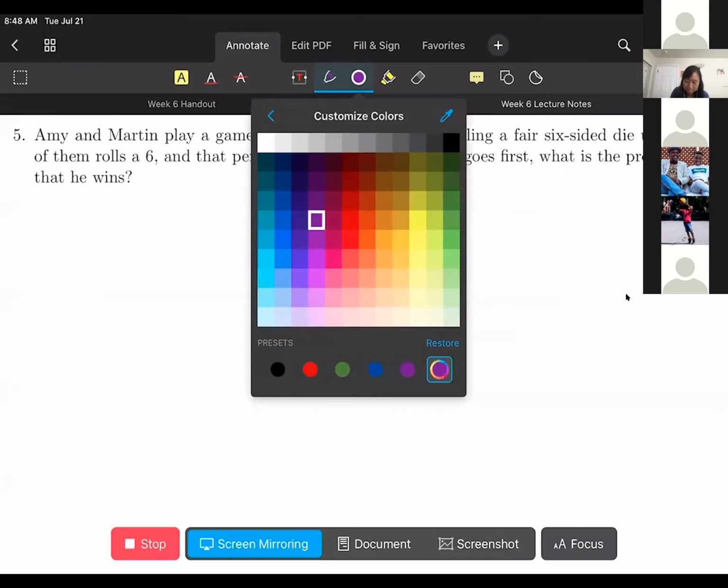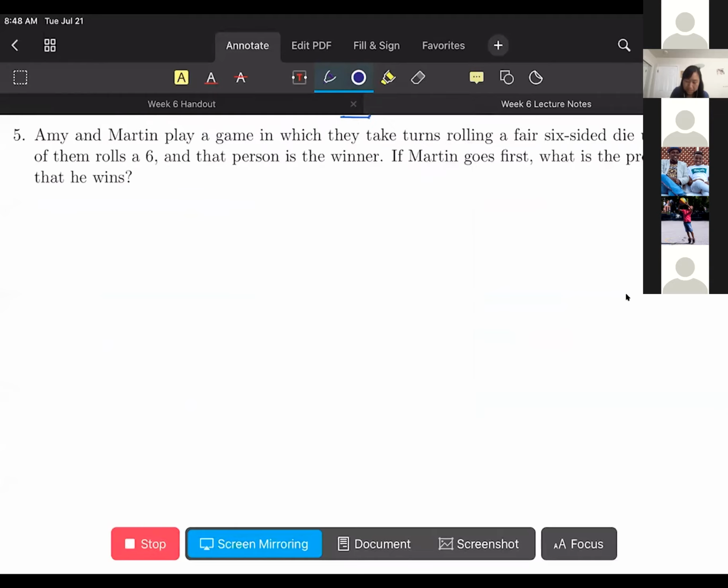It'd be the same way we did the other one. Since it's a fair six-sided die, each of the numbers has a 1/6 chance, so the probability of winning on each turn is 1/6. If Martin goes first, the probability of him winning on the first roll will be 1/6.